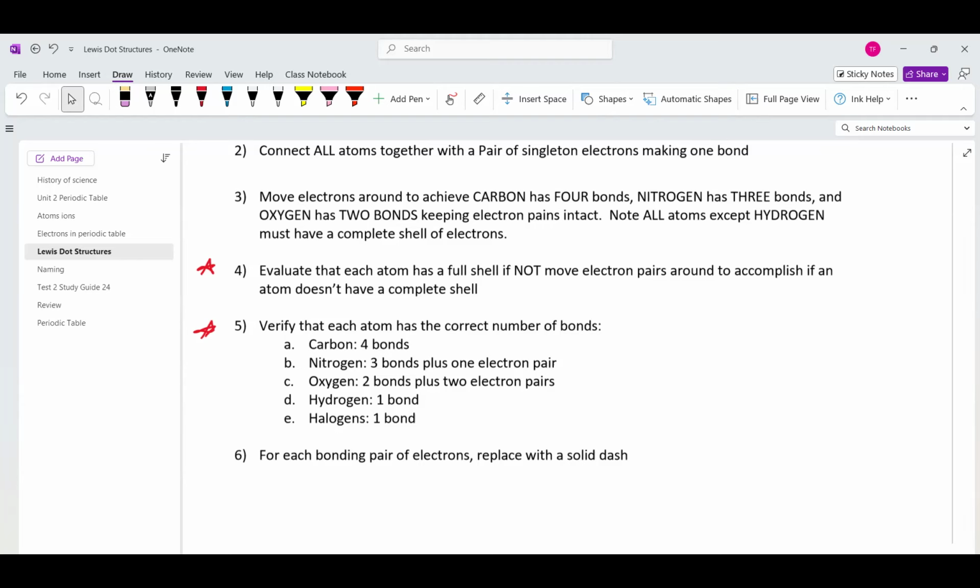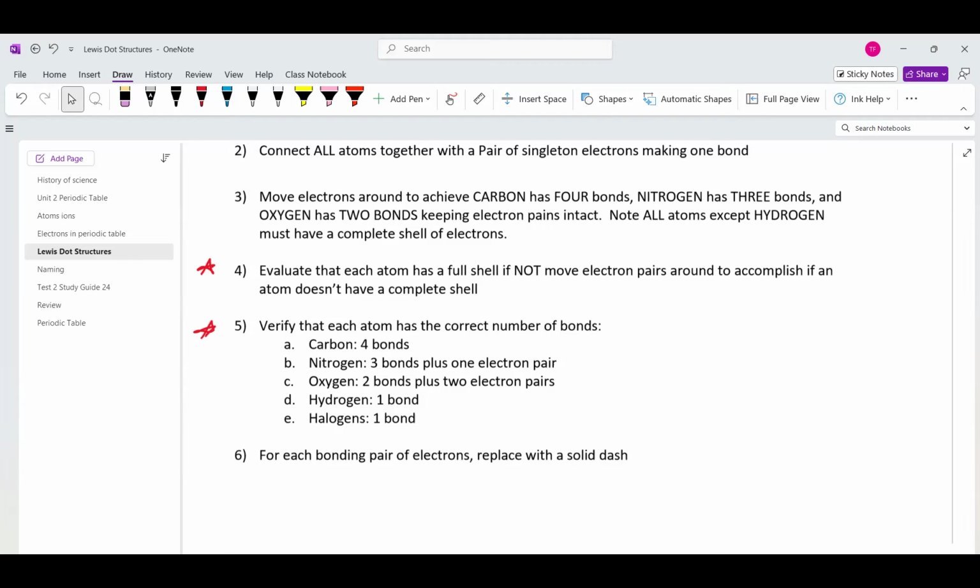Okay, so let's do carbon dioxide. Now, carbon's got 4 valence electrons, 4 singletons. Oxygen has got 2 singletons. So which is going to go in the middle, carbon or oxygen?